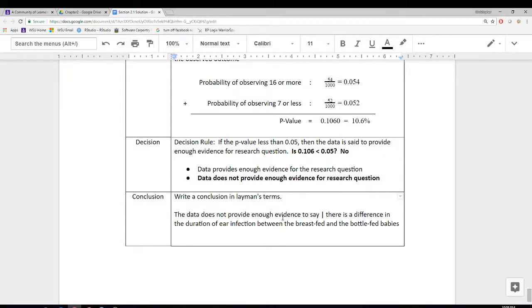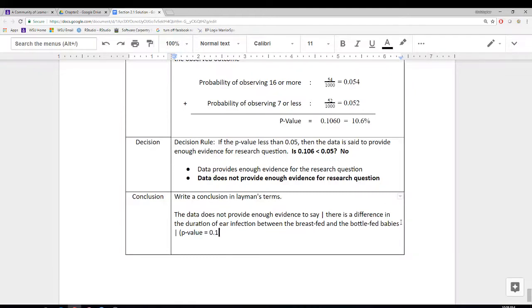So the data does not provide enough evidence to say that there is a difference in the duration of ear infection between breastfed and bottle-fed babies. And the third component is just to provide the p-value, which is 0.106, which is 10.6%.